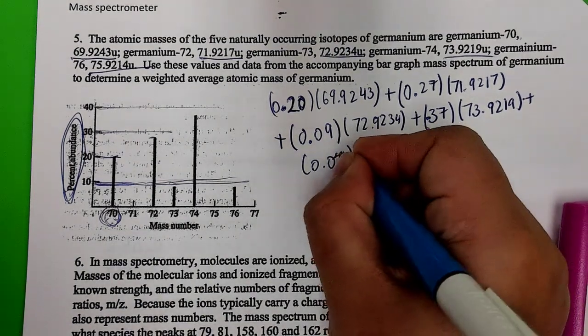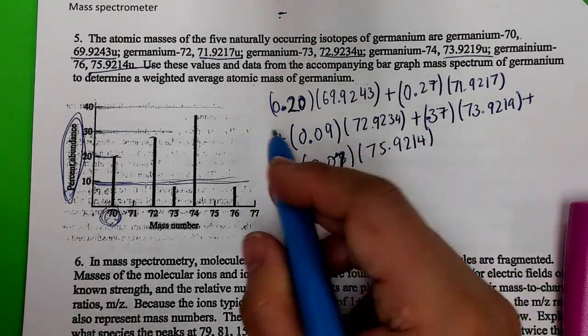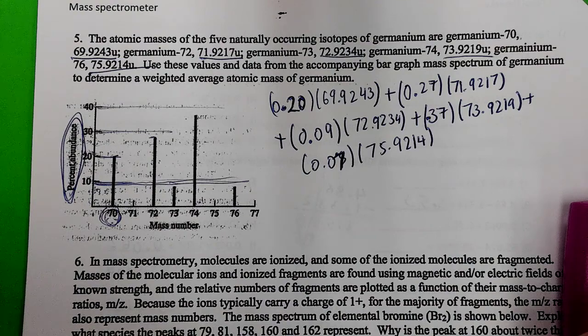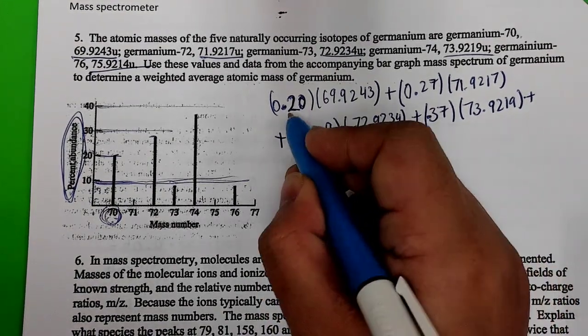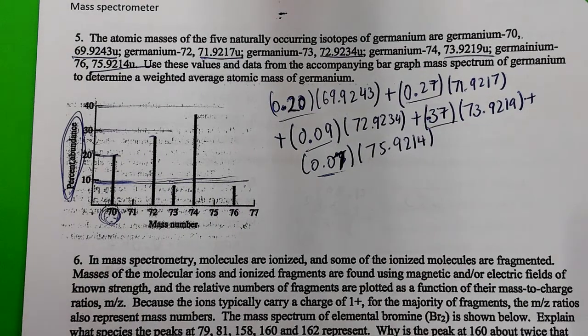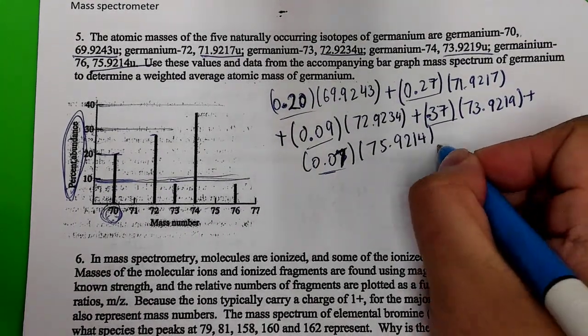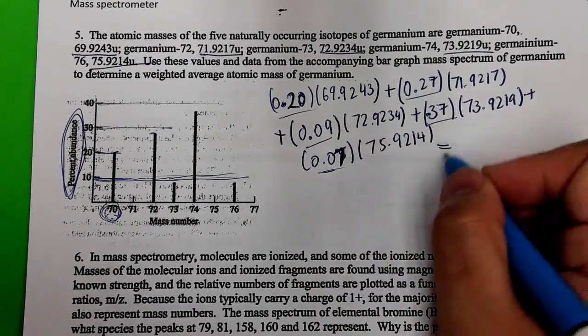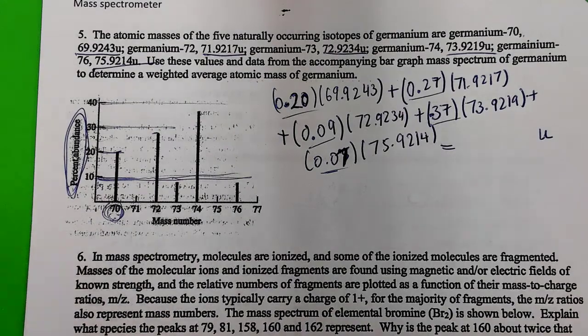So I would say this is like 0.07 or something, about the same as that one, a little bit less. Again, we're guessing. If you add up these percentages, you should get 1, because it's percentage. You just multiply and add, and you should get your answer. Since they give you the unit in U, I'm going to write U as the answer.